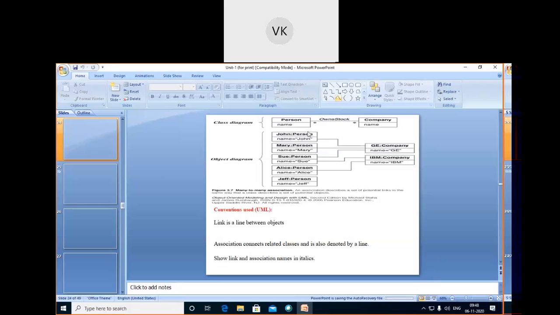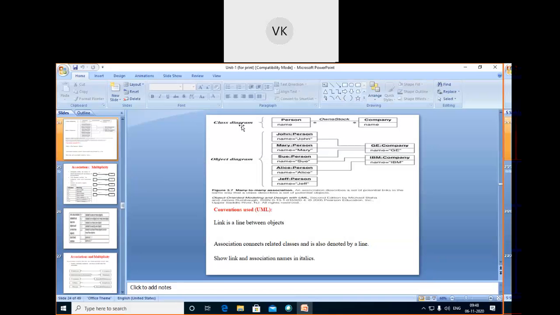Here you see there is a link from this one to this one. Person is here and company is here. This is a class diagram. I told you that if there is a connection between the classes, then we are going to call that an association between the classes.